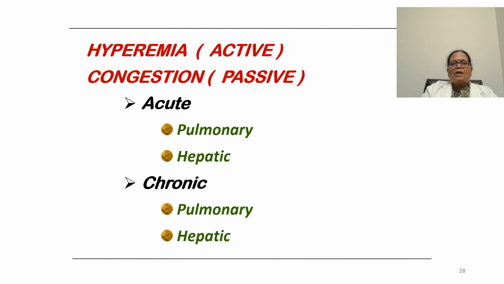Okay, hyperemia is active, congestion is passive. Remember this point. So there is acute pulmonary and hepatic congestion, and chronic pulmonary and chronic hepatic congestion.